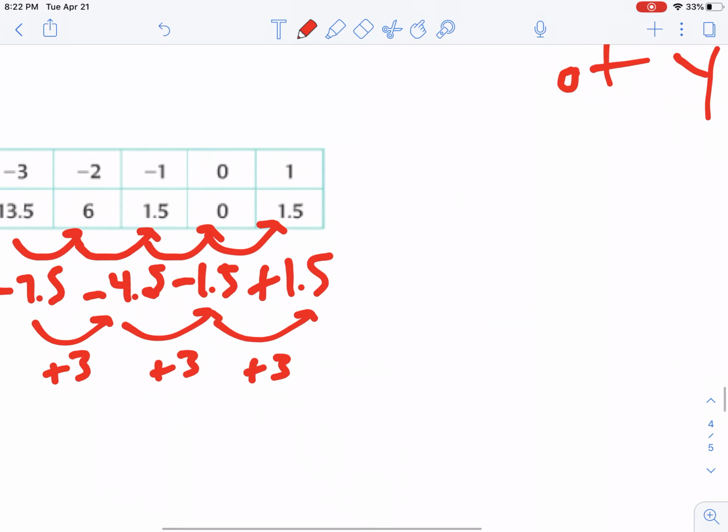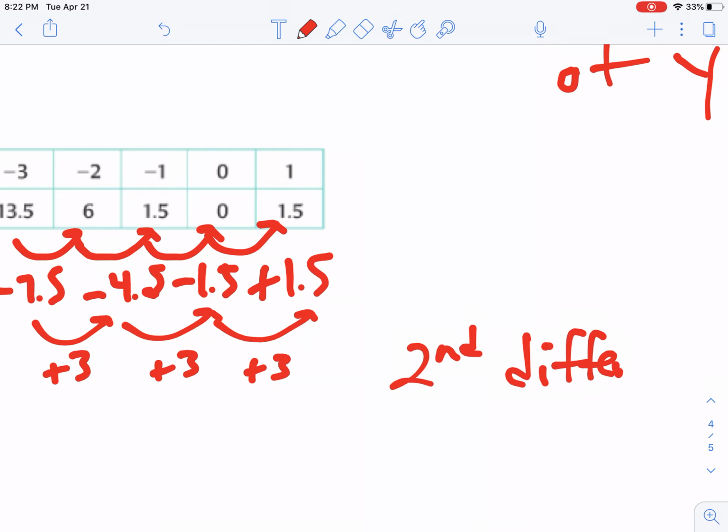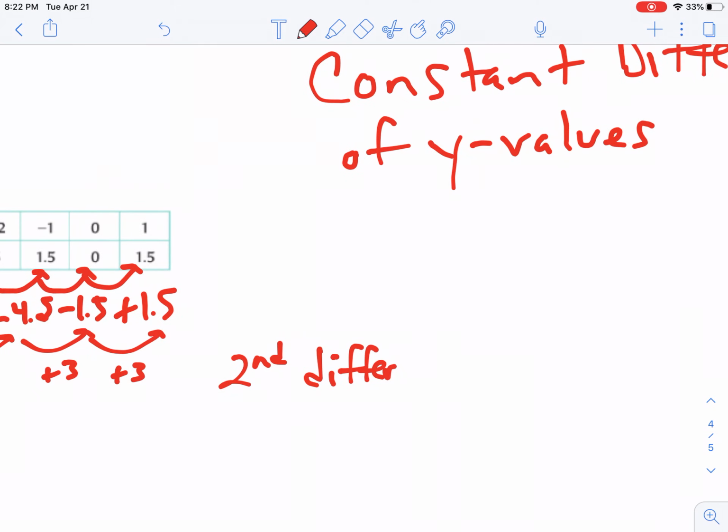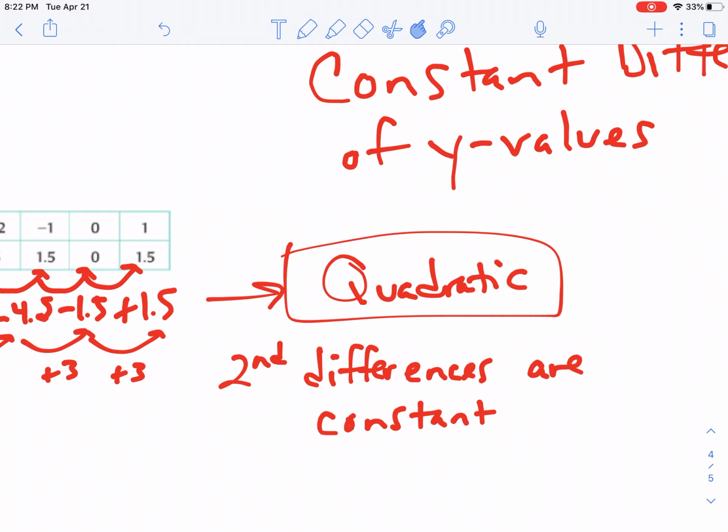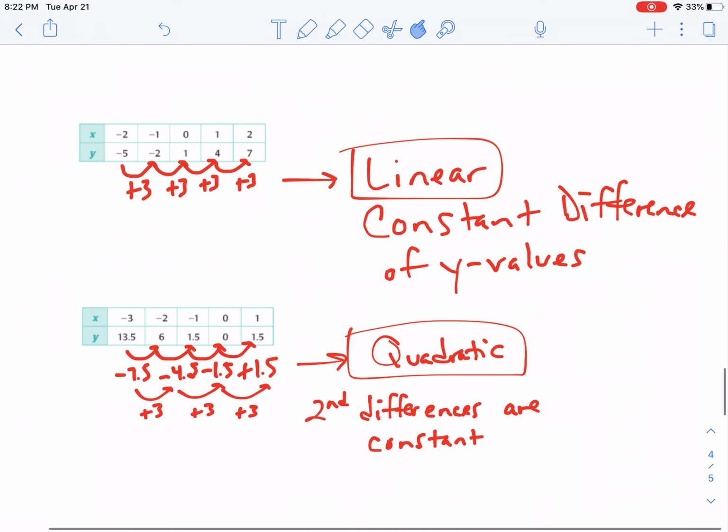These are what are called the second differences. Second differences are constant. That makes this quadratic. So in linear, the first differences are constant. In quadratics, the second differences are constant.